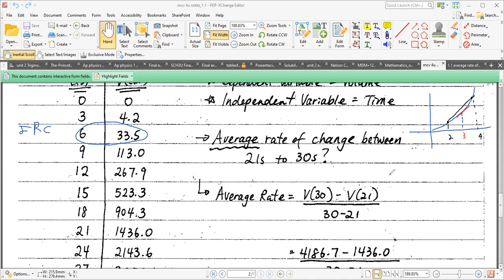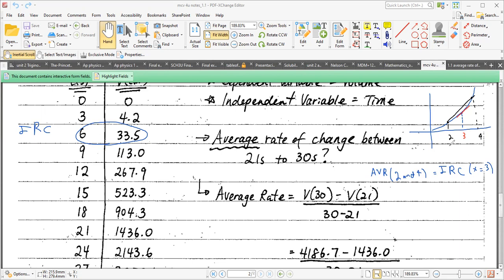Means the average rate of change between 2 and 4 would be the same as the instantaneous rate of change at x equal to 3.